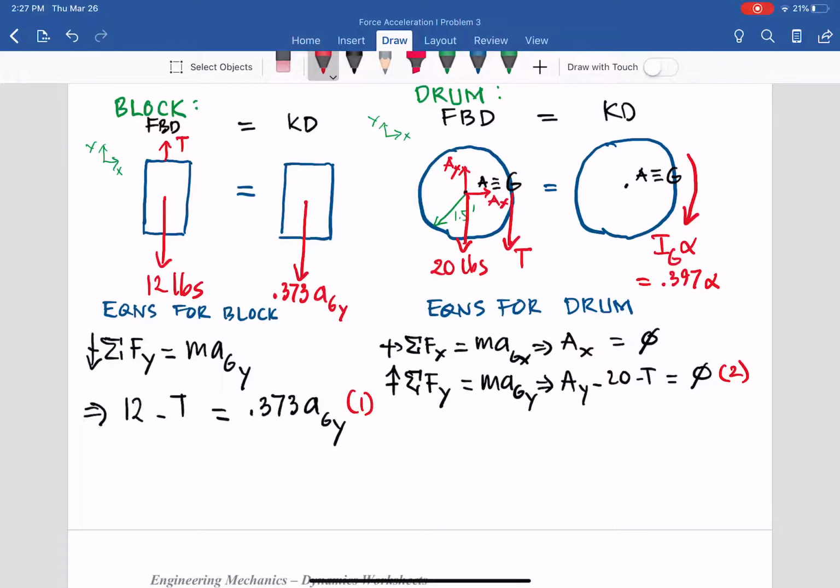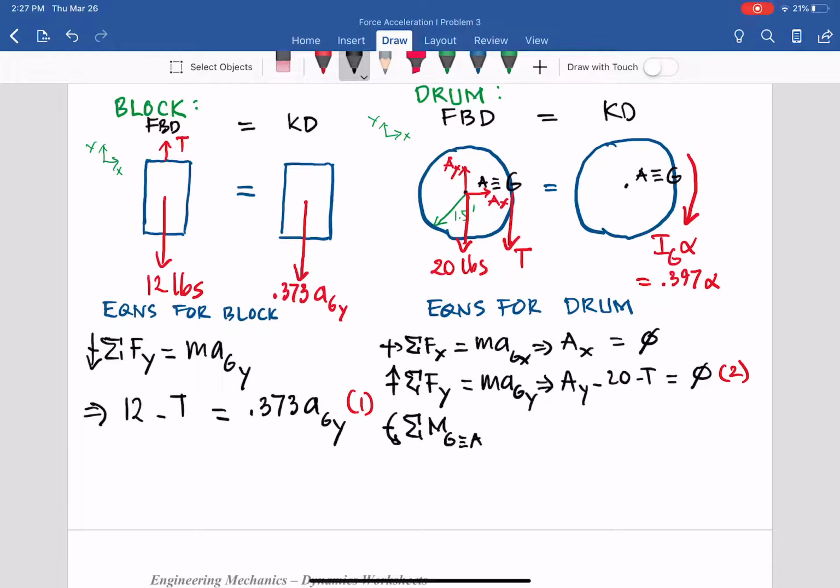And then the moment. Sum of all the moments, let's take the moment about the center of mass. In this case the center of mass G is the same as A. Let's assume counterclockwise is positive.